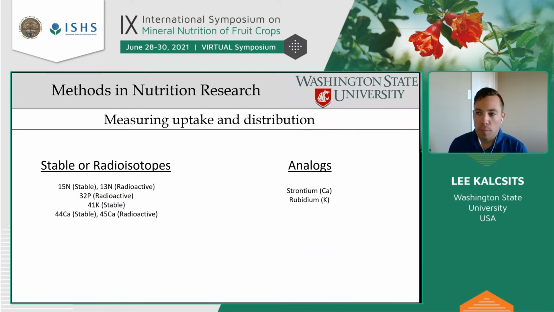I'm going to talk a little bit about measuring uptake and distribution in perennial fruit crops, and it's all about creating contrast. We use stable or radioisotopes or analogs to create contrast, because the pre-existing nutrient pool is so large that it's really difficult to see the small changes that happen in a one- or even two-season experiment.